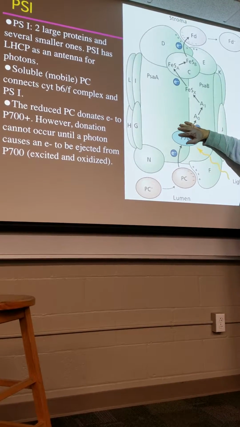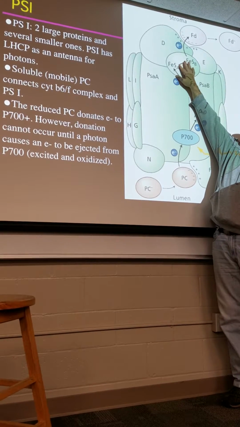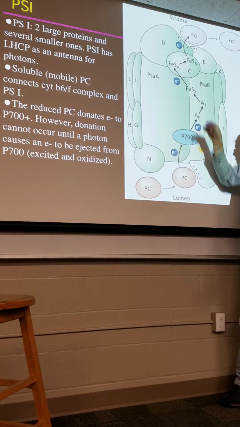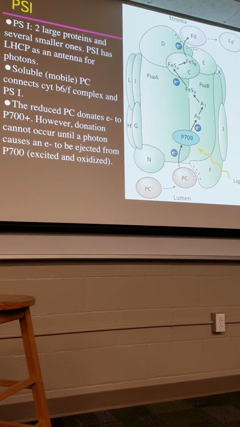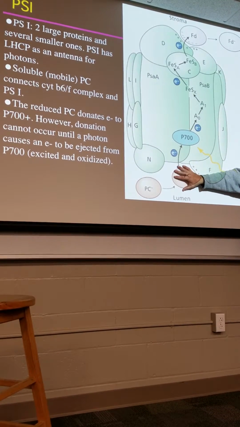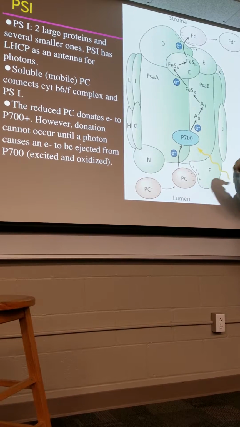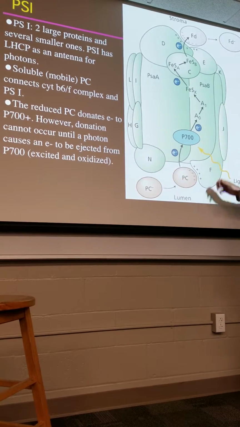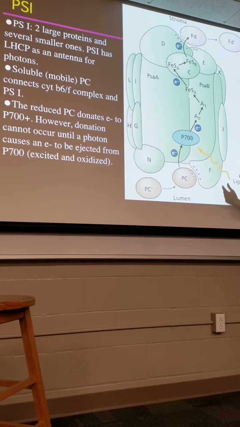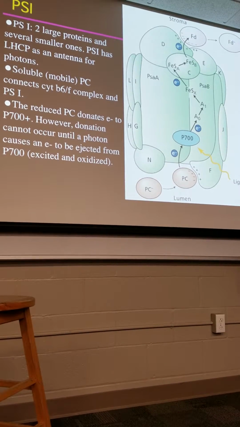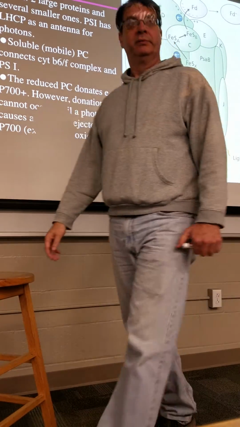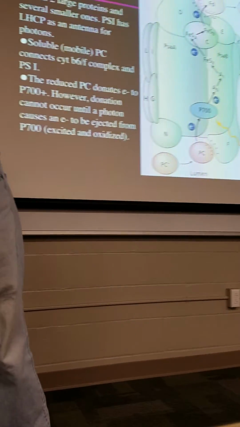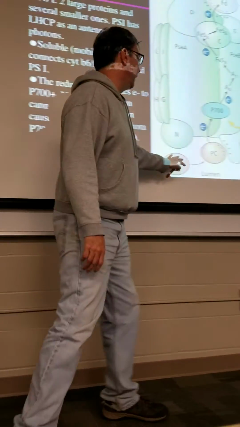So essentially P700 needs to lose an electron through excitation before the electron from plastocyanin moves in to replace it. So plastocyanin can remain docked with PS1 for milliseconds in a light environment and hours in darkness. It just depends.